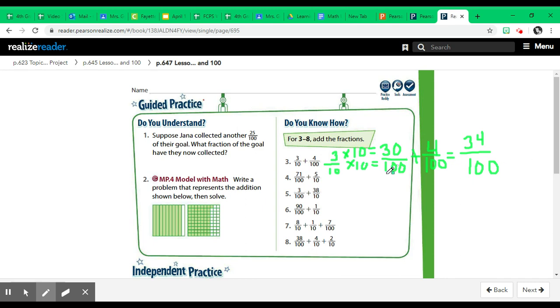Okay, I'm going to work out number 7 with you. Now, number 7 is a little more tricky because we have 2 different ones that we need to convert over into hundredths, but it's the same process.